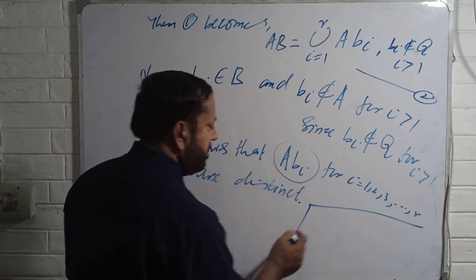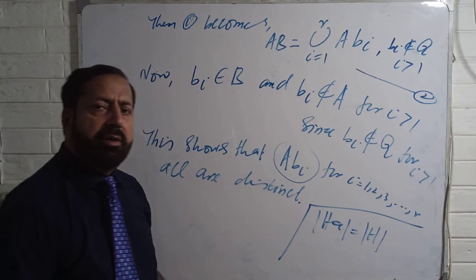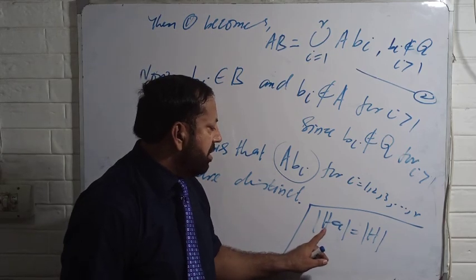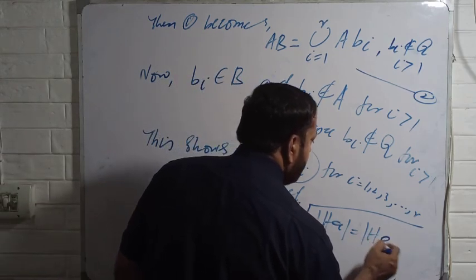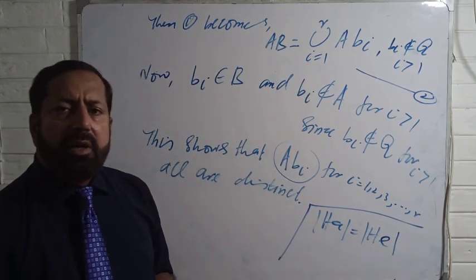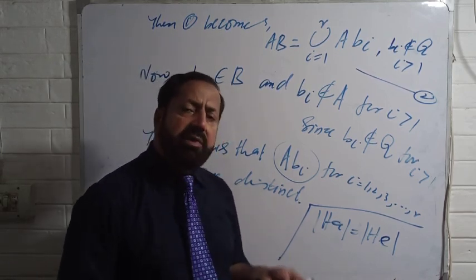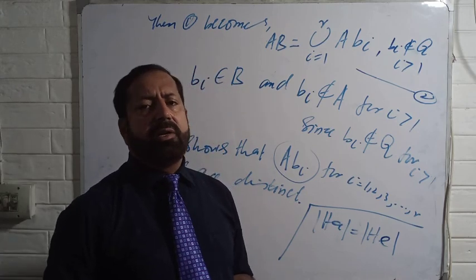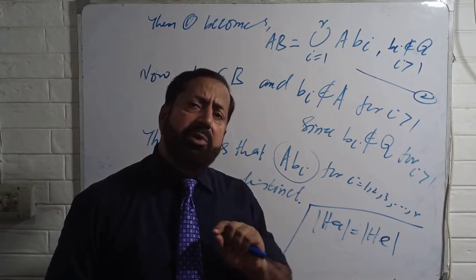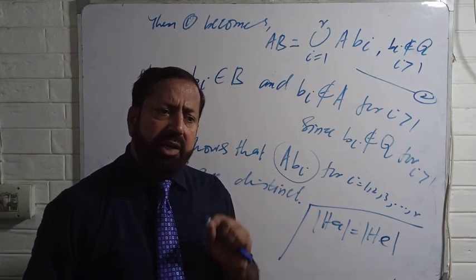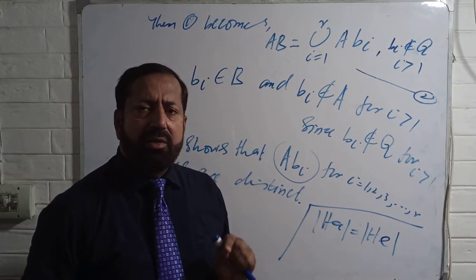remember in our previous classes, the order of HA is equal to the order of H. In fact, the order of the right coset is the order of H, because we have a theorem: there is a 1-1 correspondence between any two right cosets of H in G. That's why their order is the same.